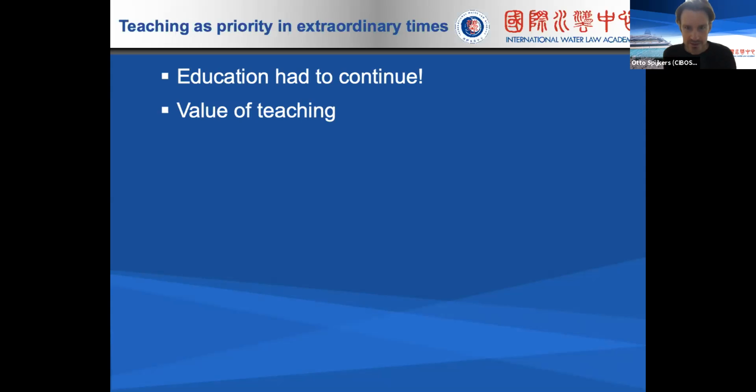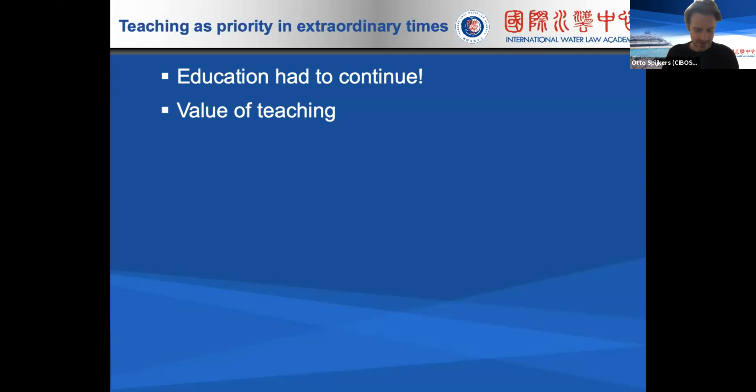And all three were very determined from the beginning that teaching had to continue. The discussion was only about the way in which to do it, but none of those three ever considered to stop teaching. I find that very remarkable.